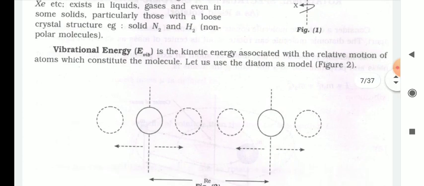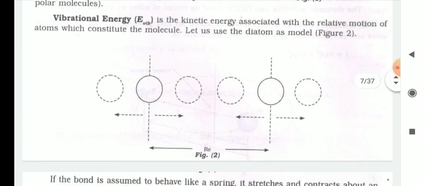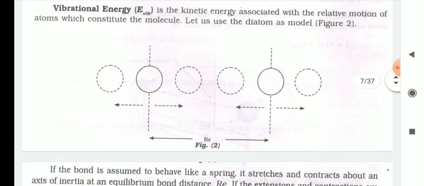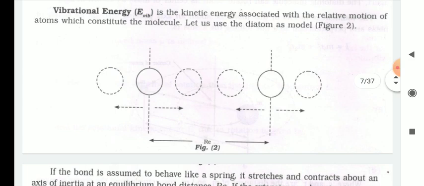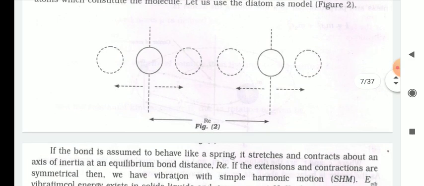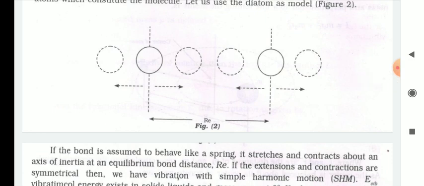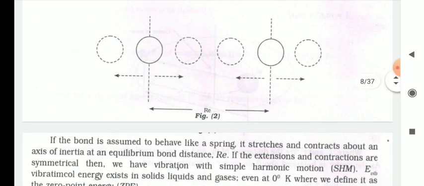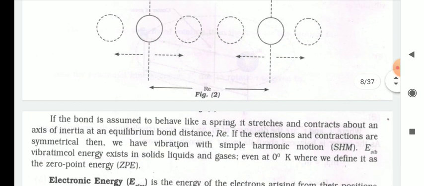Vibrational energy is the kinetic energy associated with the relative motion of the atoms which constitute the molecule. If you use a diatomic molecule as shown in the figure, the atoms of the molecule vibrate, that is, they are stretching or contracting.